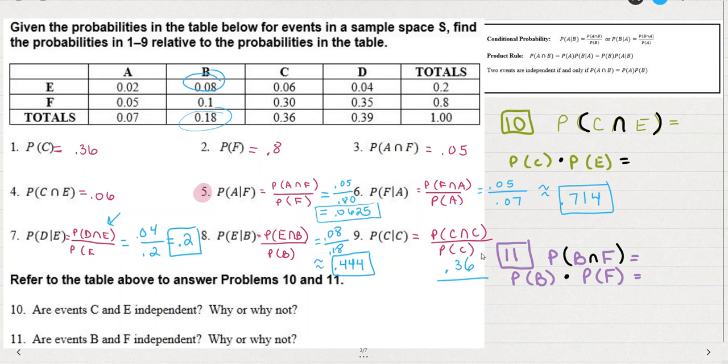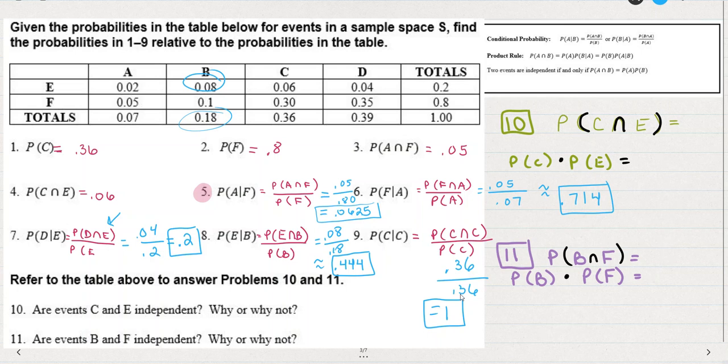And the probability of C is 0.36. So of course it happens once, right? The probability is 100%. If we already know that the event has occurred, then what's the probability that the event occurs? It's 100% because we already know that it occurred.